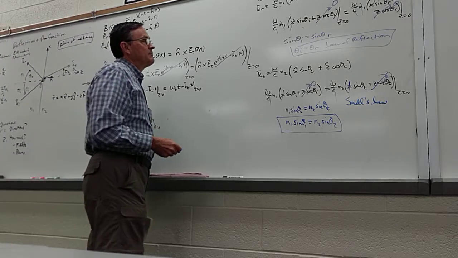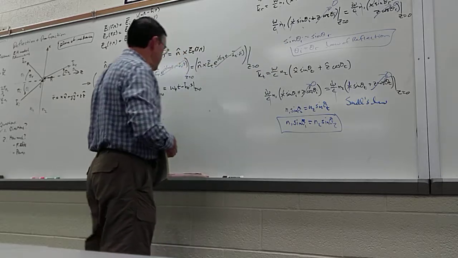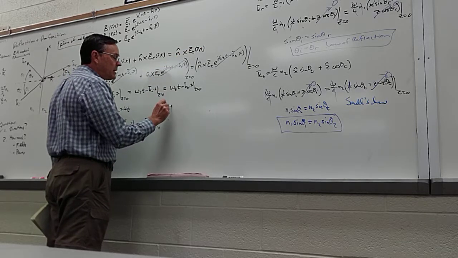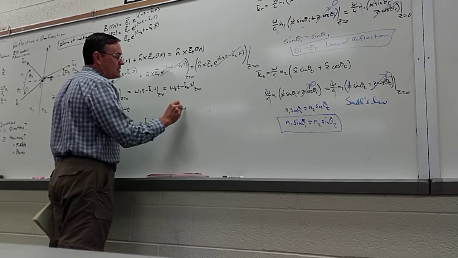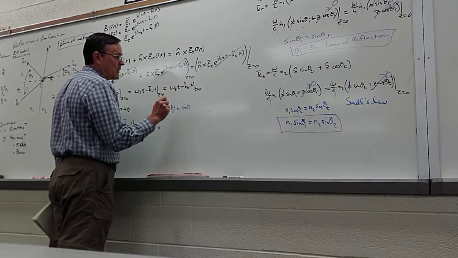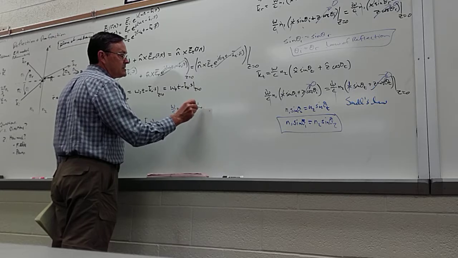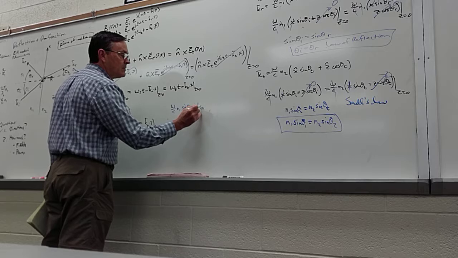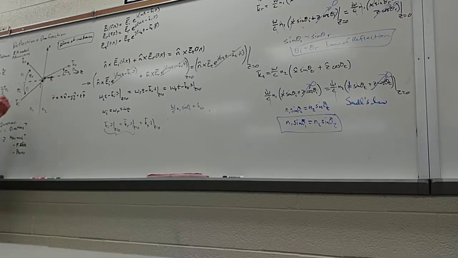Notice that here, if we multiply back through by omega over c n1 sine of theta 1, notice that that is just the x component of the incident wave vector. That's just this right here.